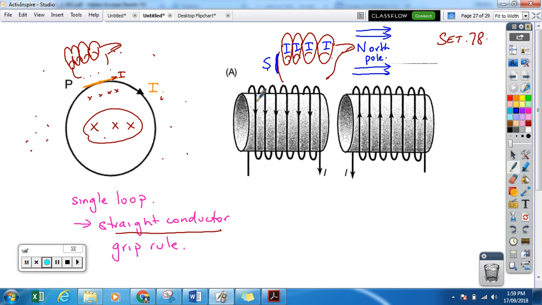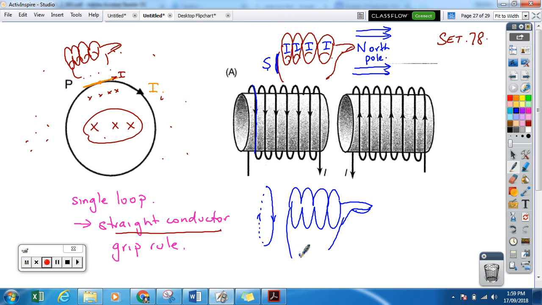So the current here is going down on the front, then up behind the barrel. So our fingers are pointing this way, and our thumb points towards the North Pole.